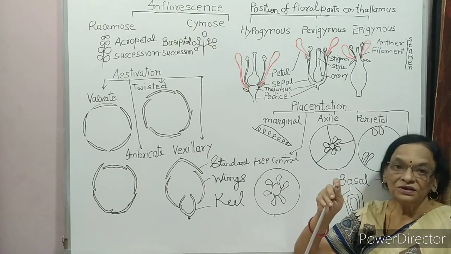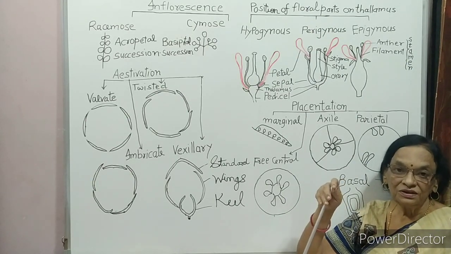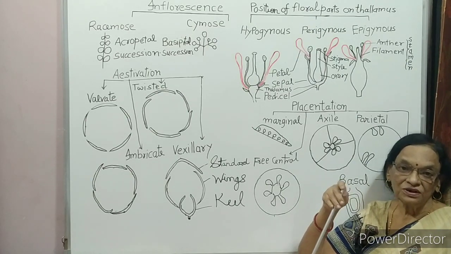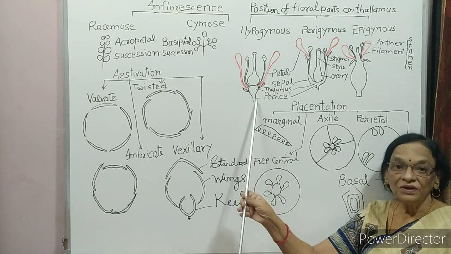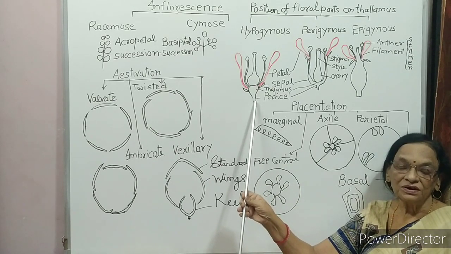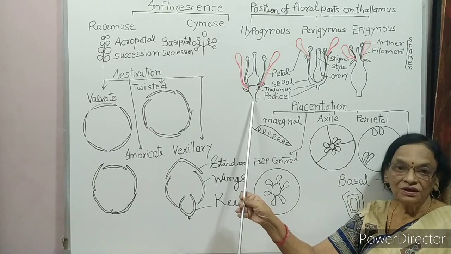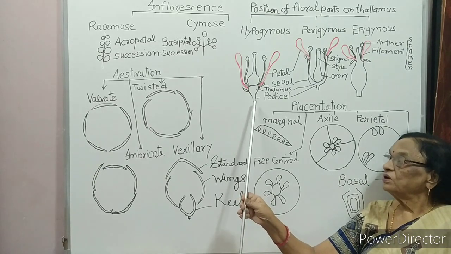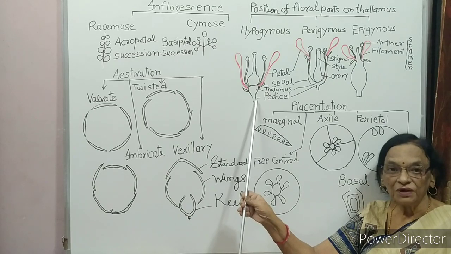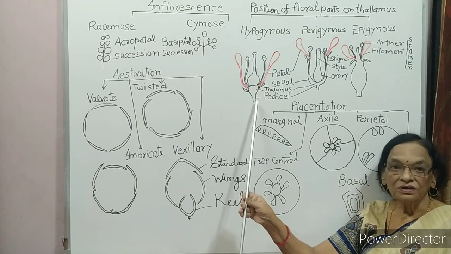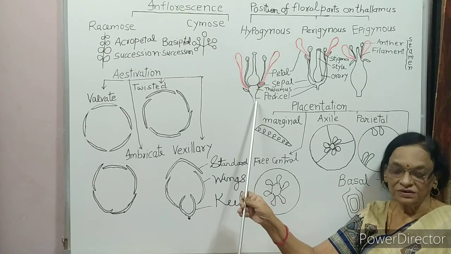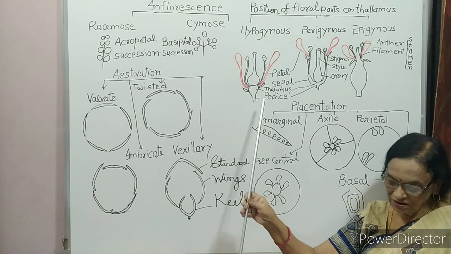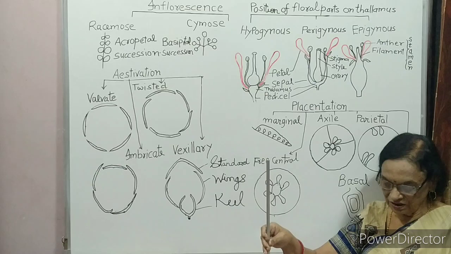You have studied in the leaf that it is called stipule, and in a flower, if a leaf-like structure is present, it is called a bract. So if a flower has a bract, it is called bracteate. If it has no bract, it is called ebracteate.